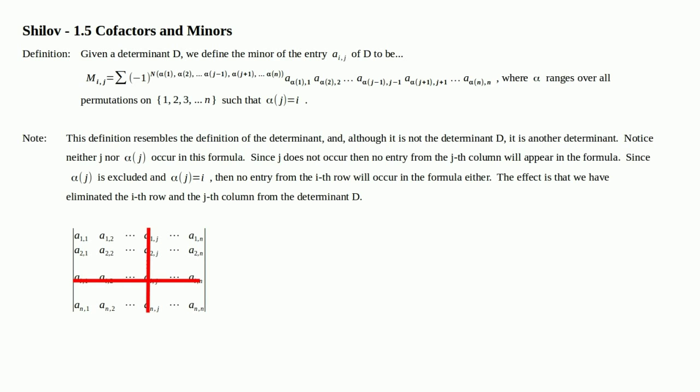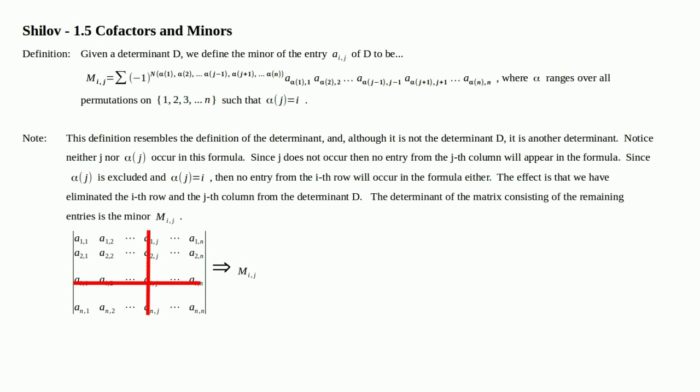The effect is that we have eliminated the ith row and the jth column from the determinant D. And notice how we've done that on the determinant below. The determinant of the matrix consisting of the remaining entries is the minor, m sub ij. Actually, it's probably best in practice to think of the minor in that way.